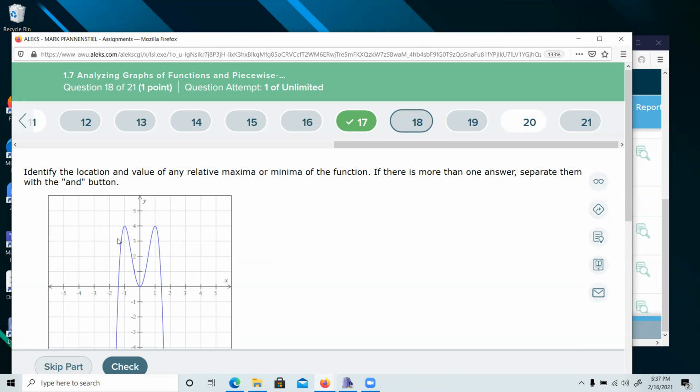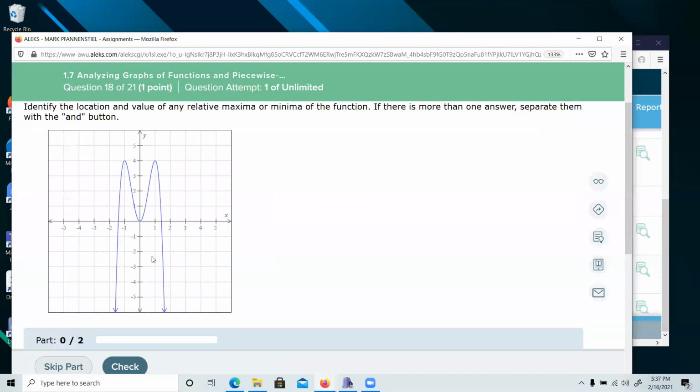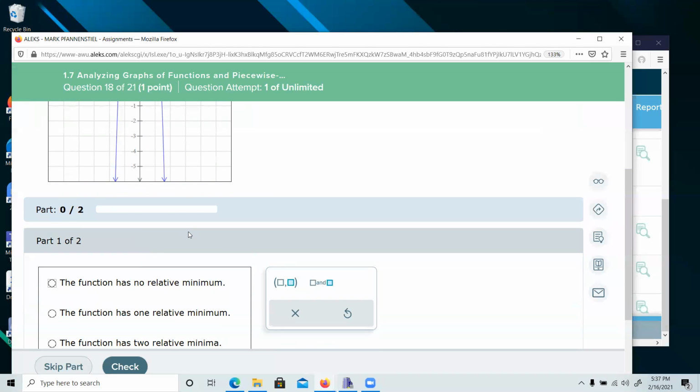It's actually one of the big things we do in calculus, figuring out relative and absolute maximums and minimums. But I don't really remember using that word too much with anybody from any class before calculus.